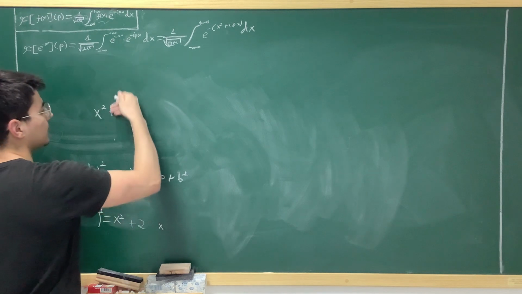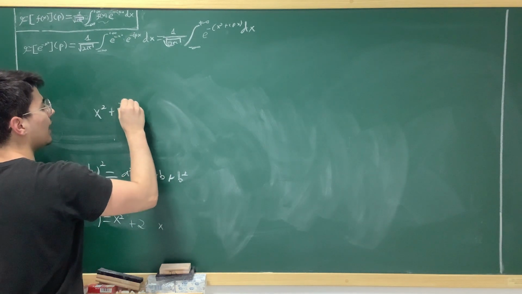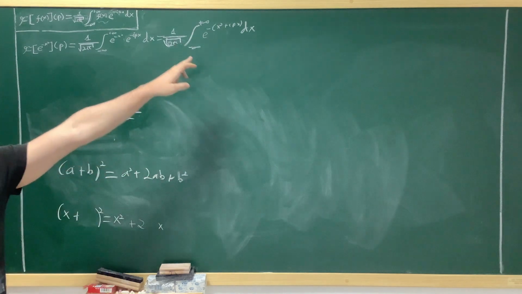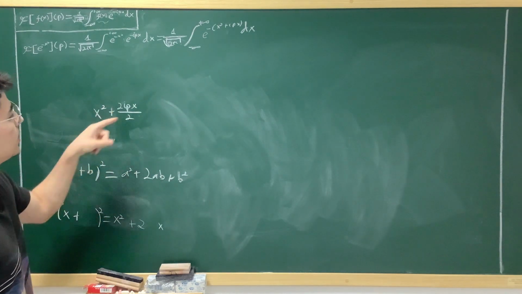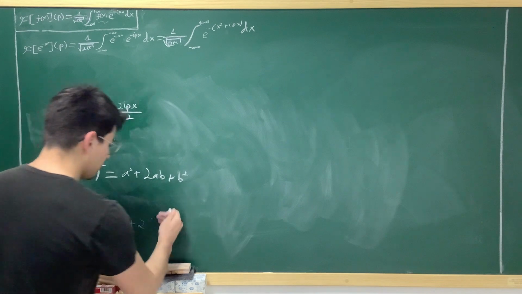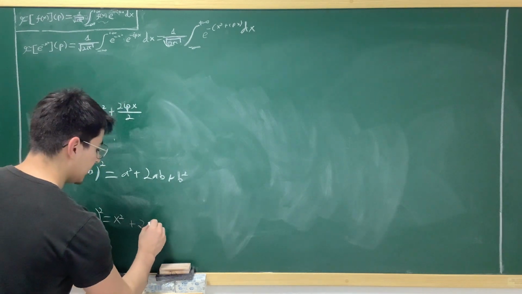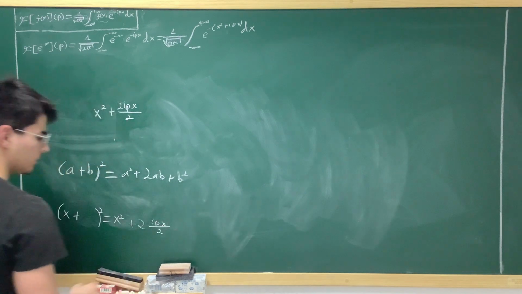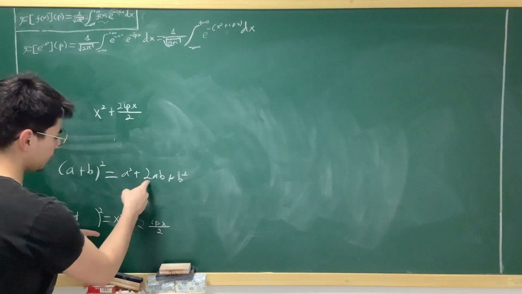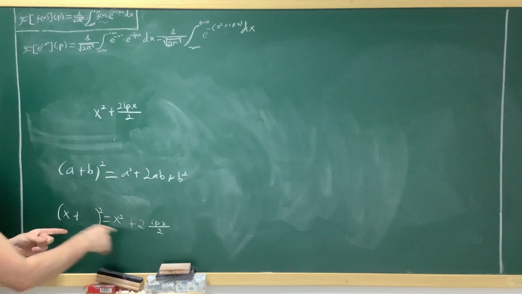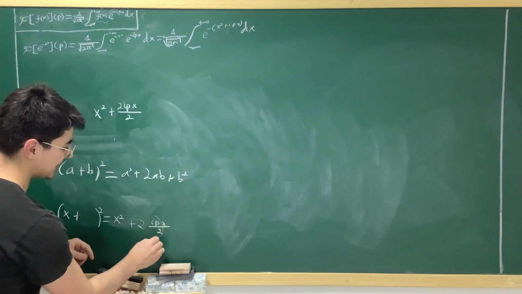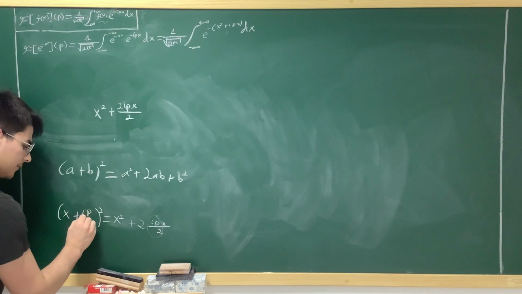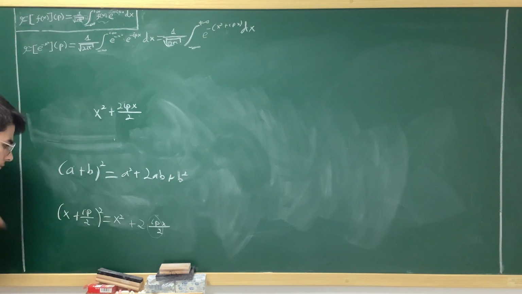I'm going to write it a bit better now. So 2 times ipx over 2. Notice this is the same as that expression, but we have multiplied by 2 and divided by 2. So what we get here is 2 times ipx over 2. Notice, this is a 2 here. A is x, so this means that this has got to be b, ip over 2.